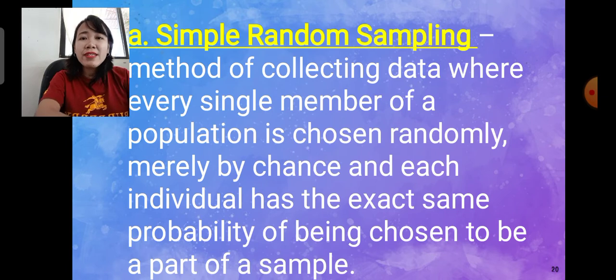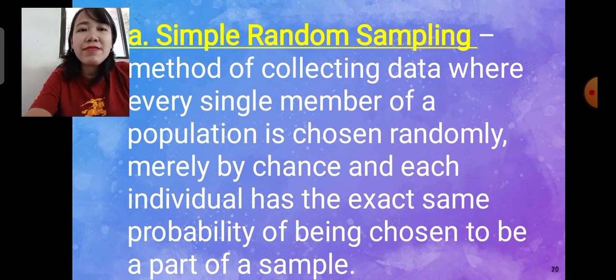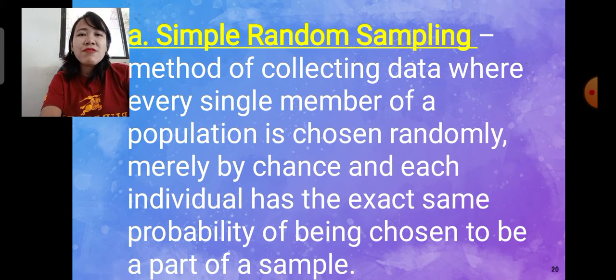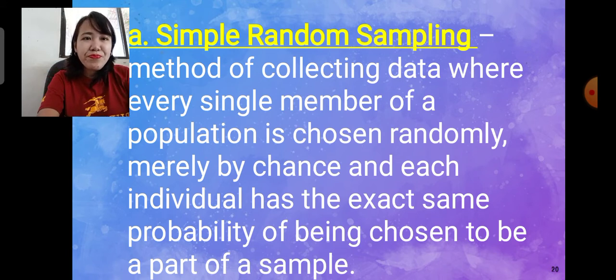So, under probability, we have the simple random sampling. It is a method of collecting data where every single member of a population is chosen randomly, merely by chance, and each individual has the exact same probability of being chosen to be a part of a sample. Simple random method lang ito.